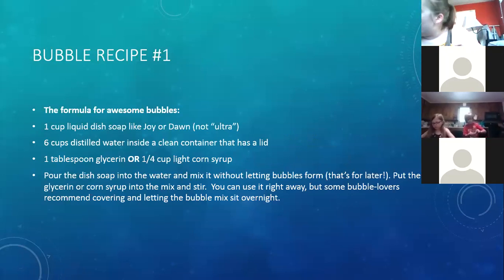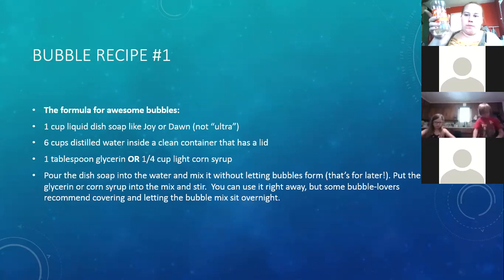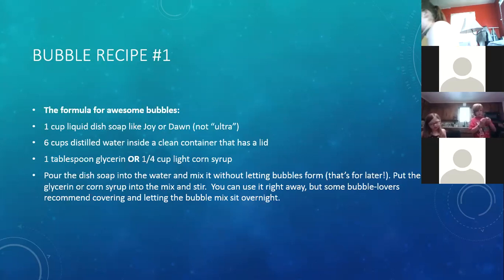So if you watched last week, or you've watched the video online of when we did the ocean layers density project, we used corn syrup. So I got the corn syrup, and that's what I put in for this set of bubbles.